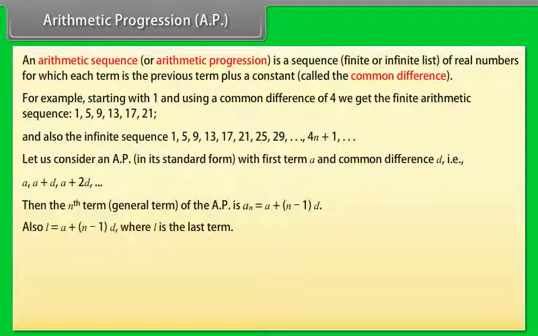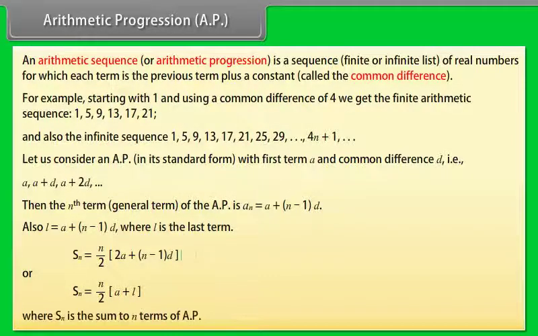Also, l = a + (n - 1)d, where l is the last term. Also, Sn = n/2 (2a + (n - 1)d), or Sn = n/2 (a + l), where Sn is the sum to n terms of AP.